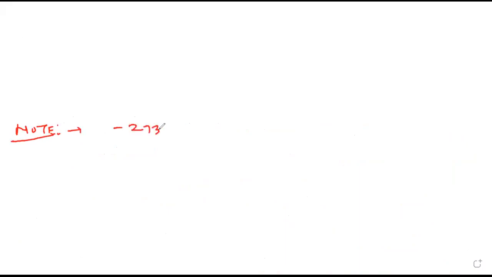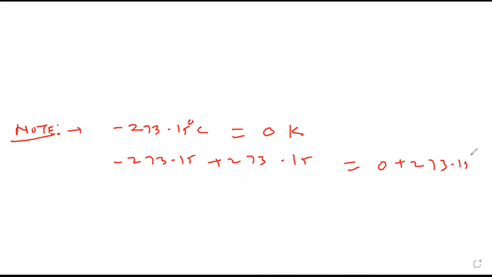Minus 273.15 degrees Celsius is 0 Kelvin. So if I add 273.15 to both sides, then we can say 0 degrees Celsius is 273.15 Kelvin.